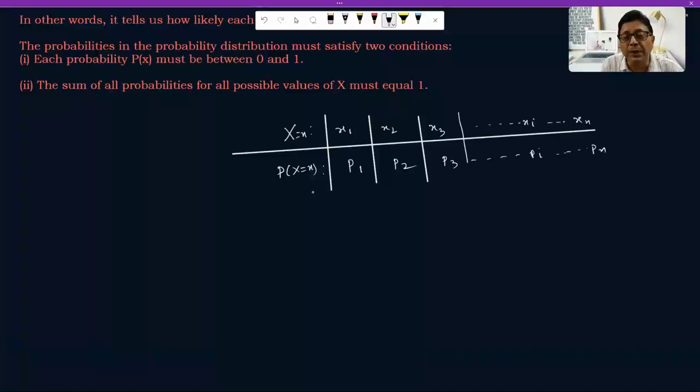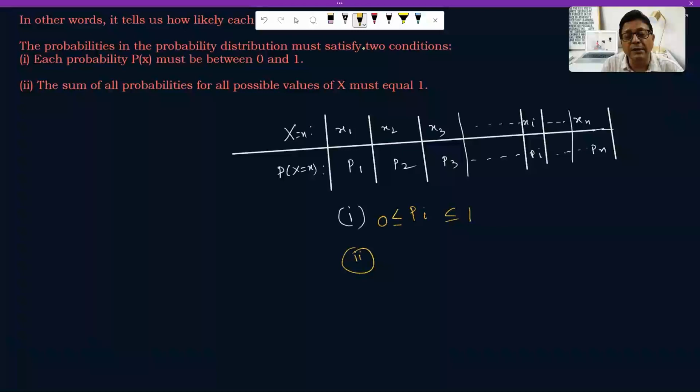I hope none of you have any confusion about this. Okay? But if you don't understand, it will become your nightmare. So you need to understand all these things properly. If this is a probability distribution, then the first thing you should remember is that pi for any particular probability event should be greater than or equal to 0 and less than or equal to 1.